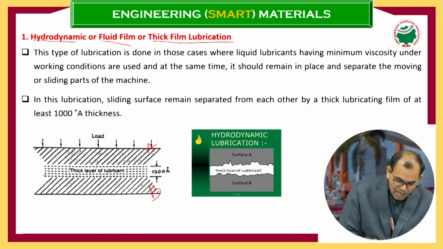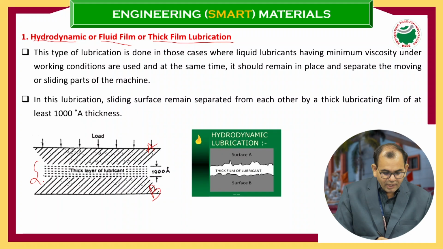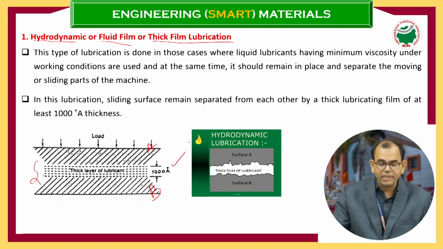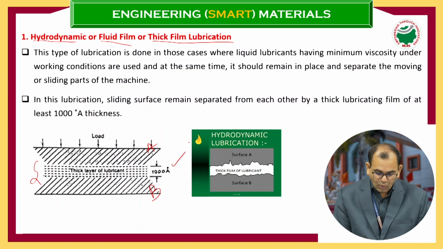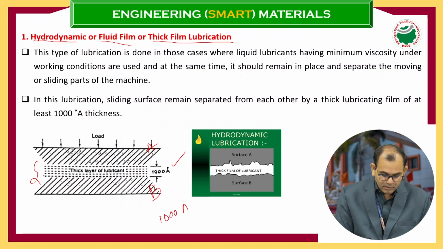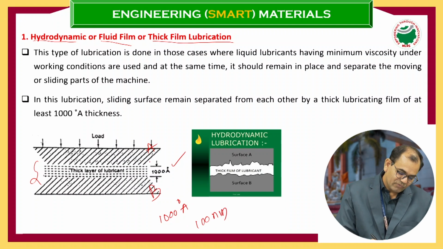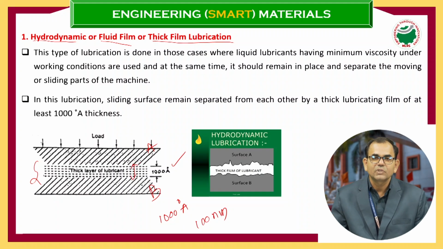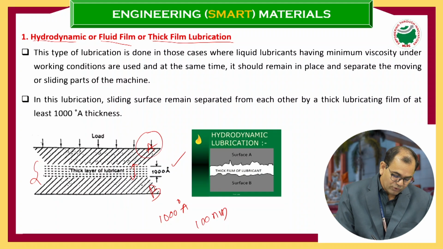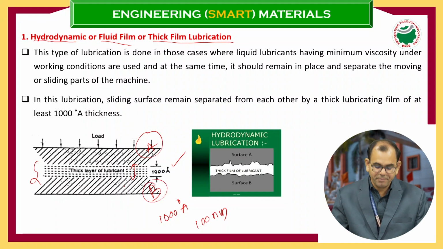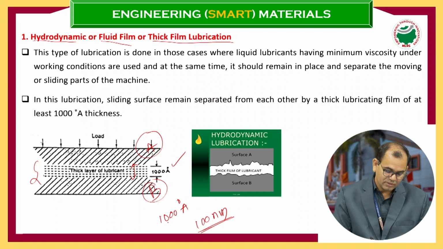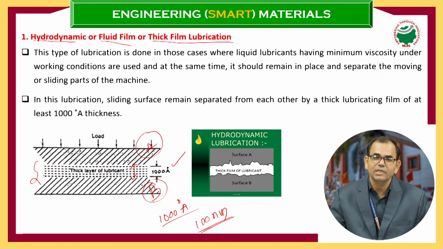Now the gap here is 1000 angstroms. 1000 angstroms means 100 nanometers. So the gap between object A and B is somewhere 100 nanometers, which in terms of angstroms is 1000 angstroms.